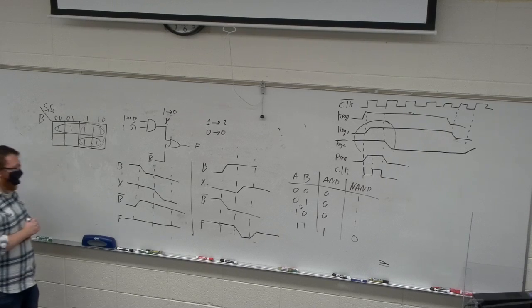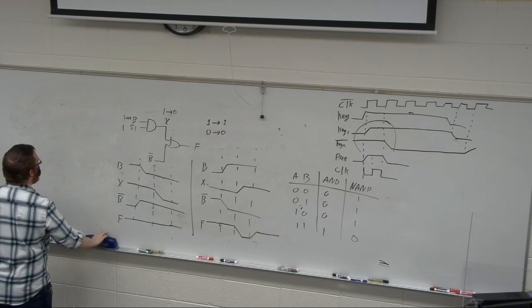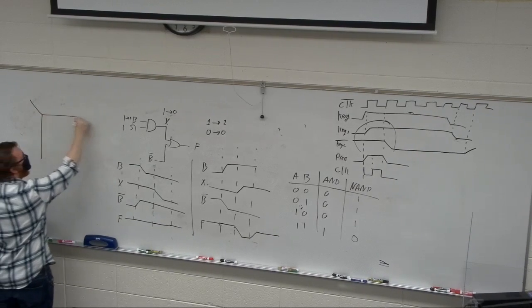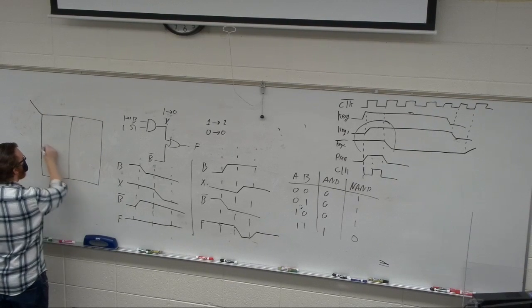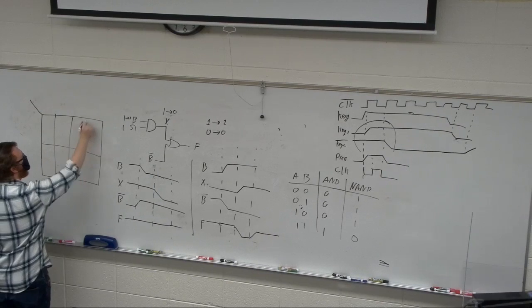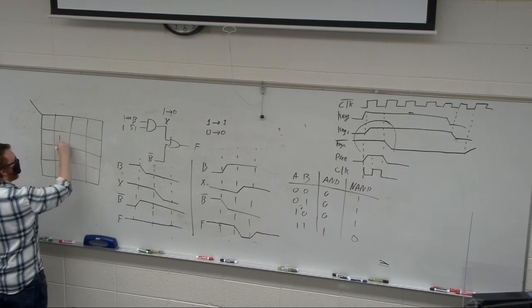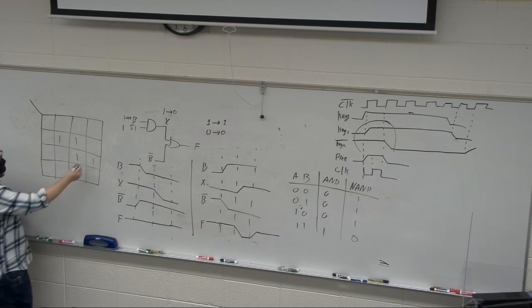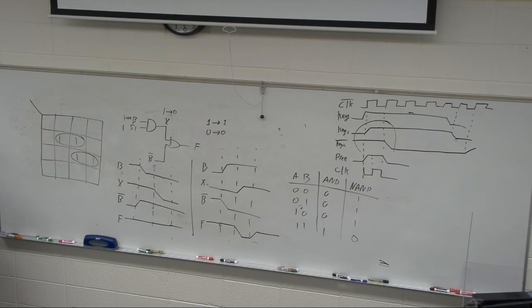So, in a larger K-map, and I won't go through all of this, but we may be tempted to just circle this one and that one, because that is our minimum logic, right?